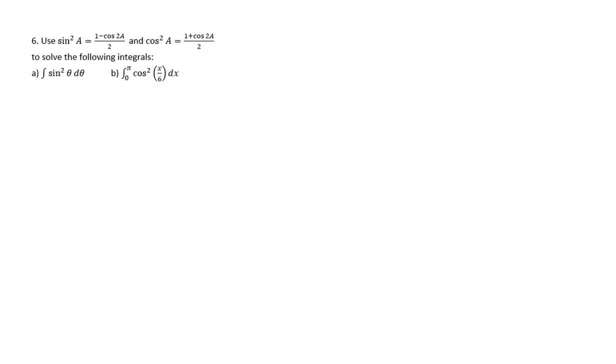Okay, so this is the case when you have an even exponent for trig functions. So whenever you have something like sine to the 4th x dx, or integral of cosine of 8x dx, if you have questions like this, you're always going to be using these formulas. Okay, so let me show you how this one works.